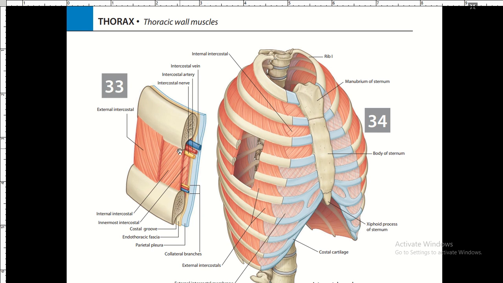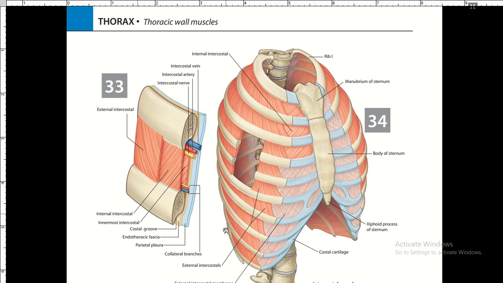What is the action of this muscle? So the action of the internal intercostal muscle is opposite to that of the external. So it depresses the ribs while the quadratus lumborum will be fixing the bottom rib, right?